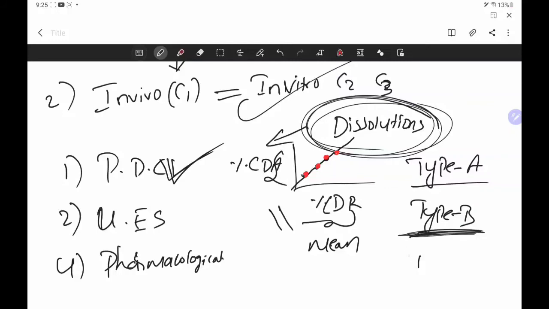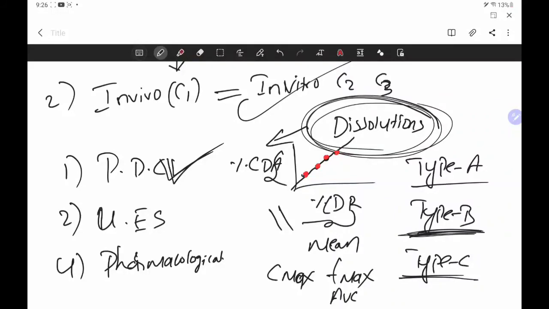Another correlation is type C. Here we are not taking point to point, neither are we taking the mean, we are taking only a single point. The single point is either Cmax of in vitro and in vivo correlated, or Tmax of in vitro and in vivo correlated, or AUC of in vitro and in vivo correlated. One at a time, that is type C. Type C correlation is one at a time, one point.